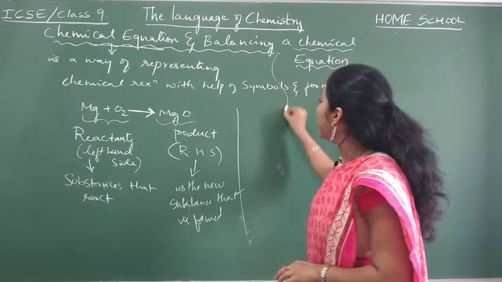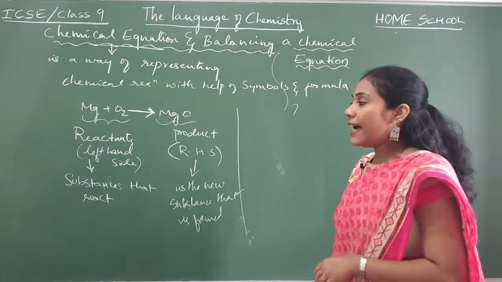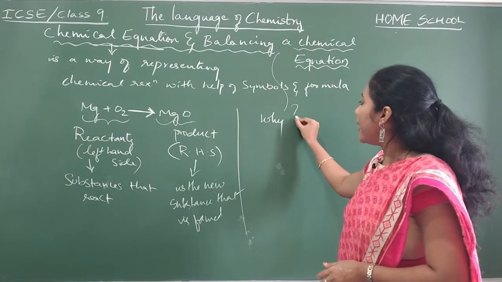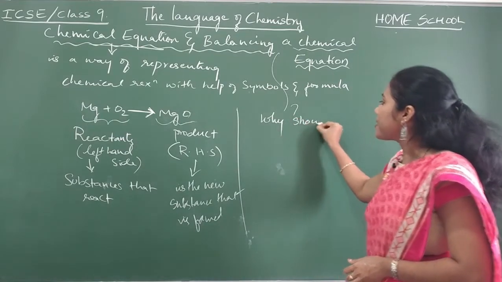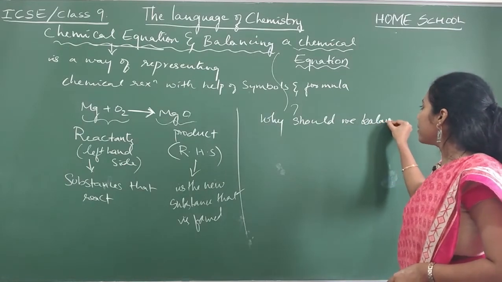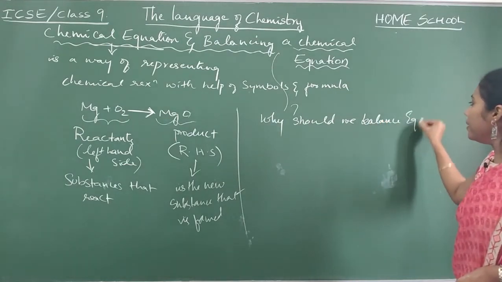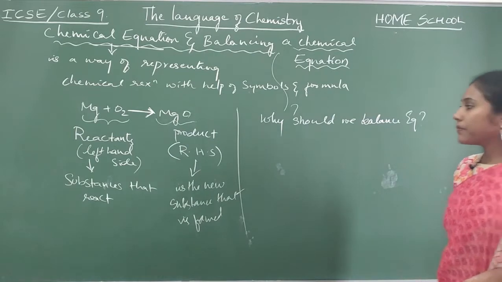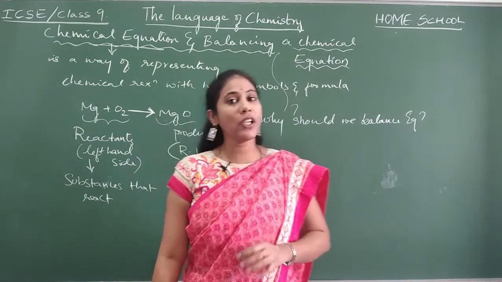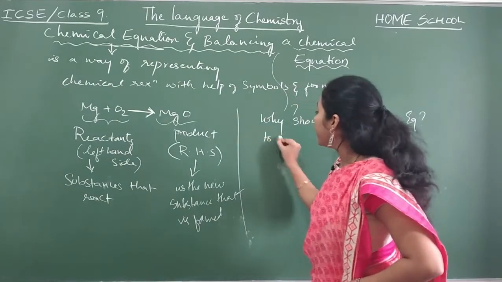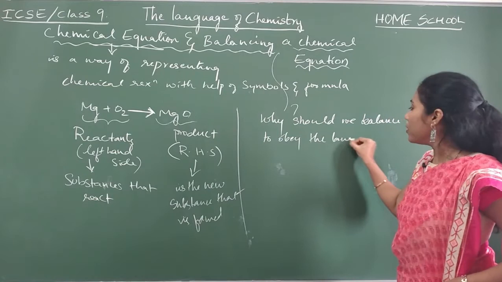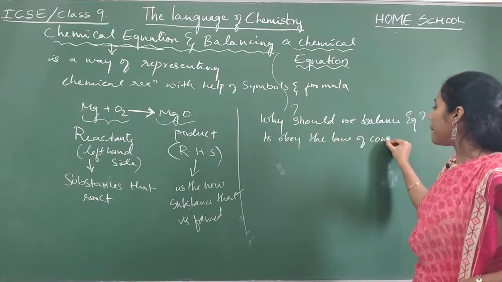Now what do you mean by balancing, and why do we have to balance a chemical equation? We have to balance a chemical equation because to obey the law of conservation of mass.